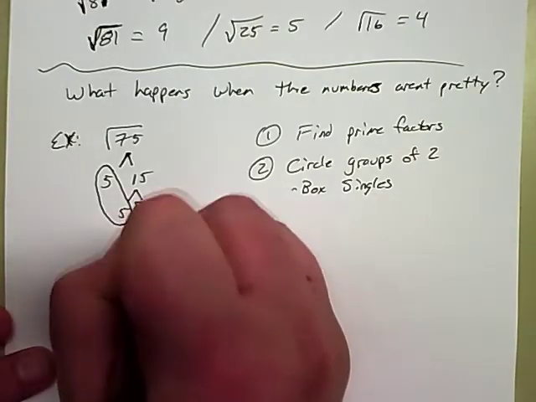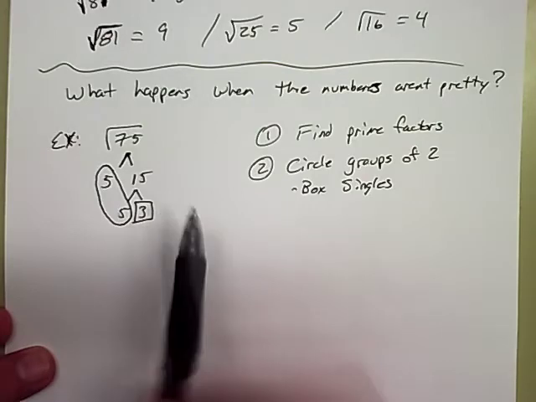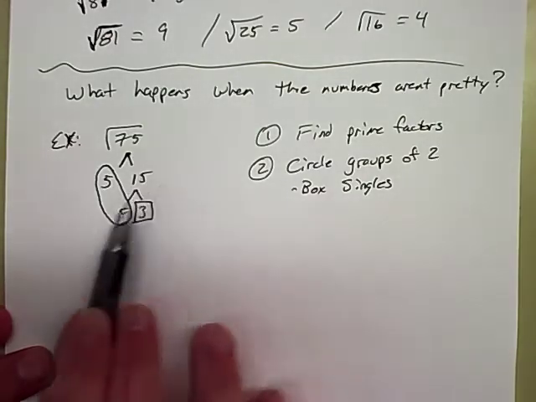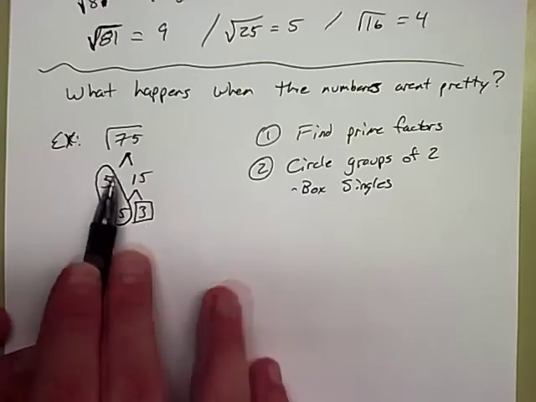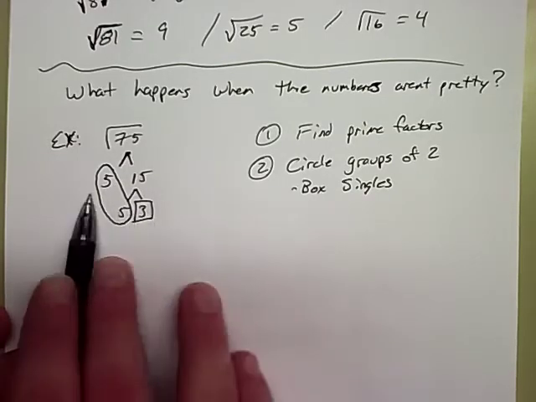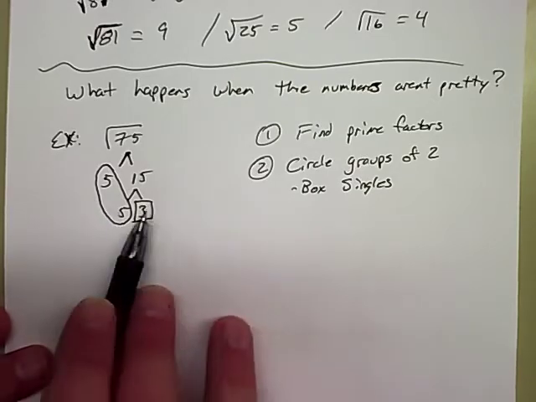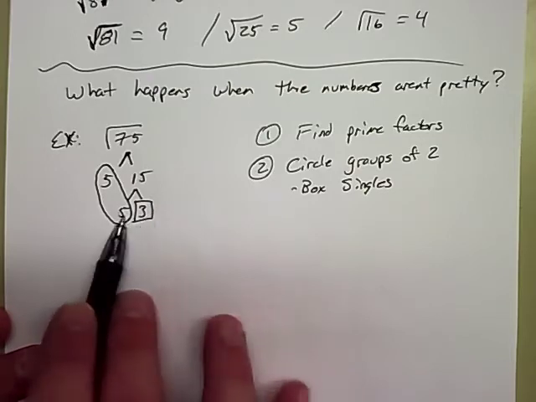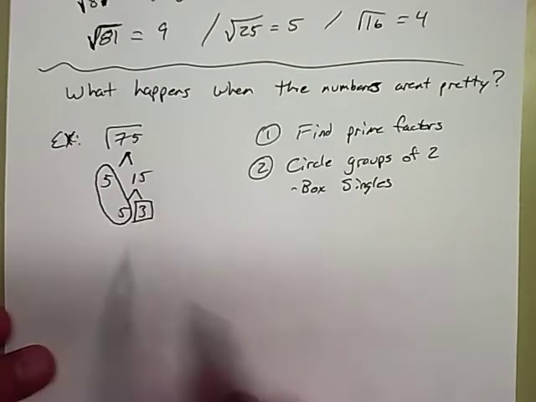I put a box around all the single ones. So 3 does not have another friend. Mind you, I want you to be really specific: we're only looking at the prime numbers at the end of the branches of this prime factorization tree. The 5s I'm going to circle. There's not another 3 around here, so I put a box around the 3.